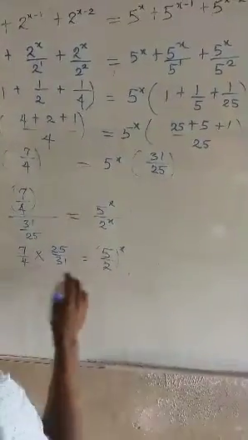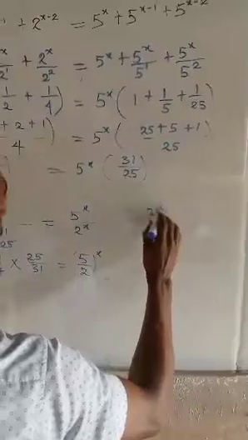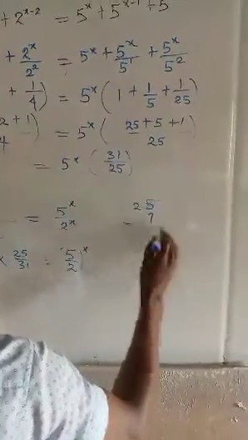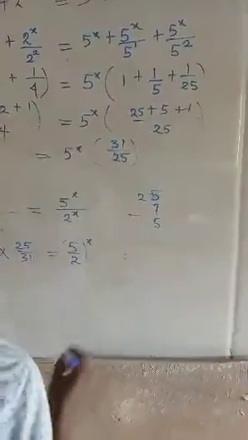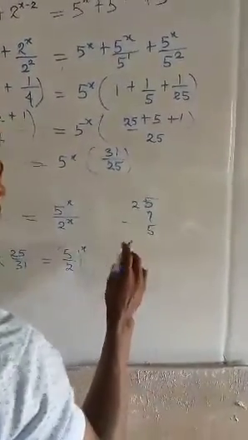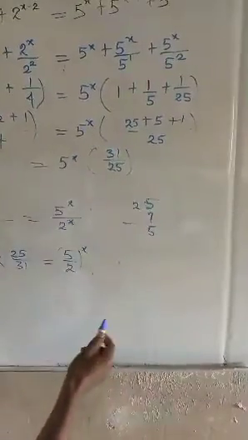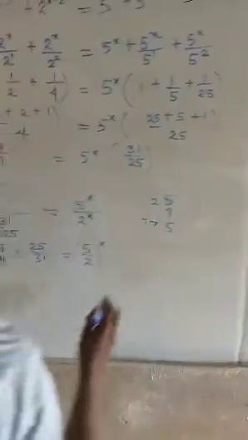So let's multiply this. 25 times 7, we have 175.